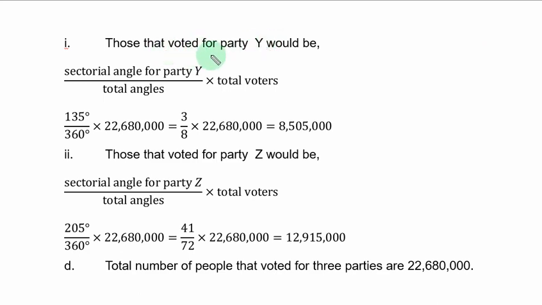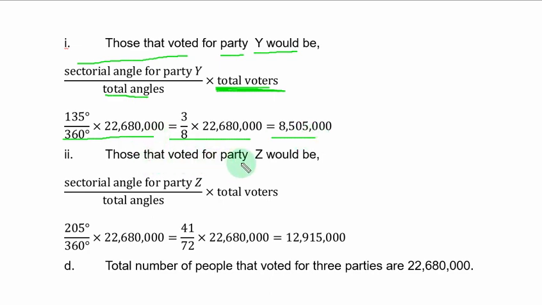Those that voted for party Y would be the sectorial angle for party Y over total angles in the circle times total voters. You see the reason why we must get the total voters first. You insert all the information in the given expression. When you simplify, you have 8,505,000 voters voted for party Y.